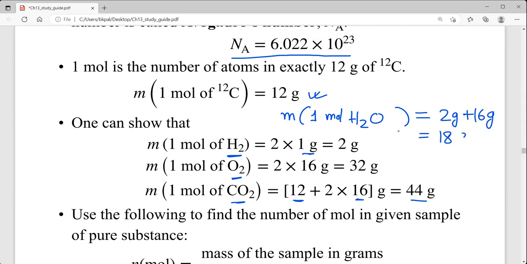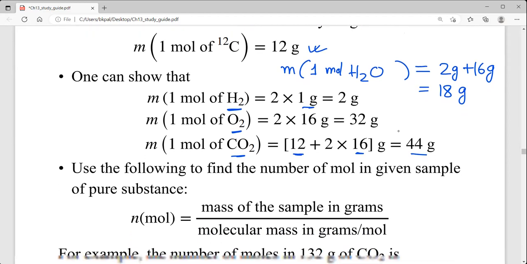So altogether it is 18 gram, and so on. With this, you can determine the mass of 1 mole of any atom or any molecule if you know the atomic number.